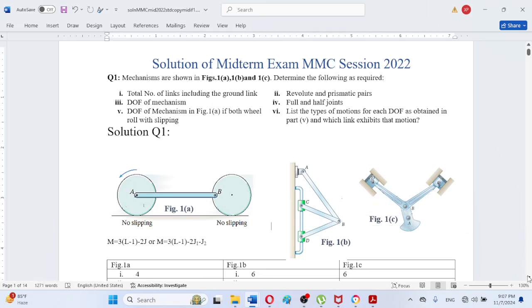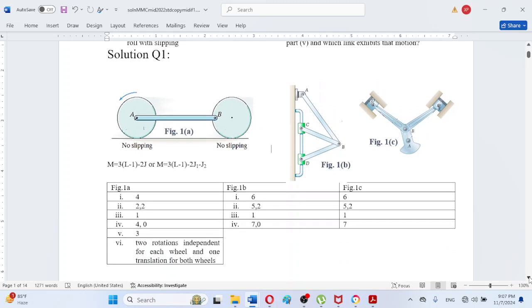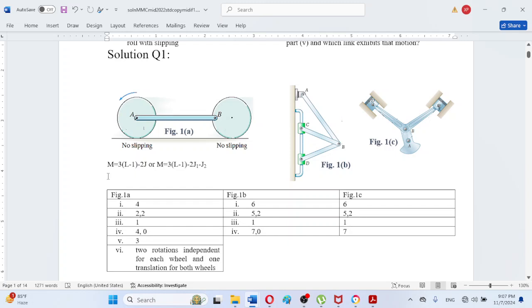I have tabulated the solution here for figure 1a, figure 1b and figure 1c.